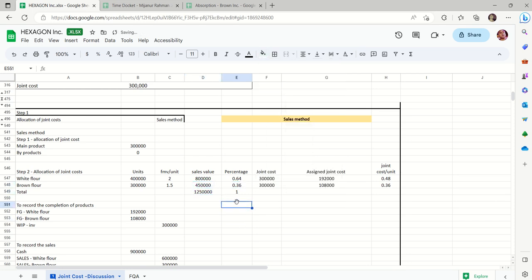If you want me to show it to you, I don't mind. 800,000 divided by this gives you 64%, and 450,000 divided by 1,250,000 gives you 36%. I showed you earlier, we can make that a percentage if you like, right there.